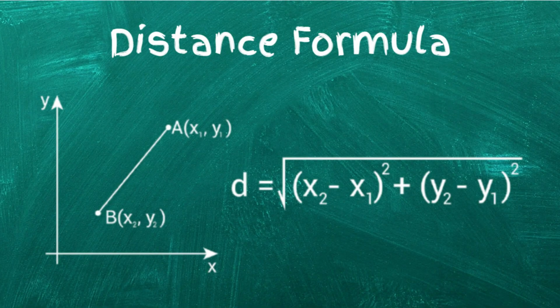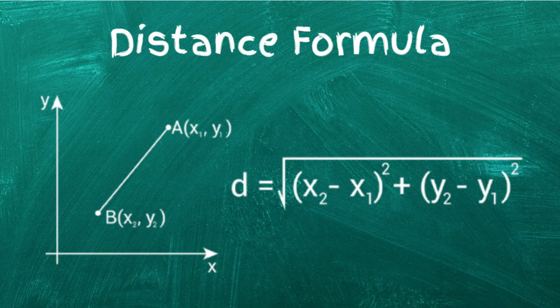When you place a right triangle on the coordinate plane, the horizontal and vertical sides can be found by subtracting coordinates. If you have 2 points, (x sub 1, y sub 1) and (x sub 2, y sub 2), the horizontal distance is the absolute value of x sub 2 minus x sub 1, and the vertical distance is the absolute value of y sub 2 minus y sub 1.